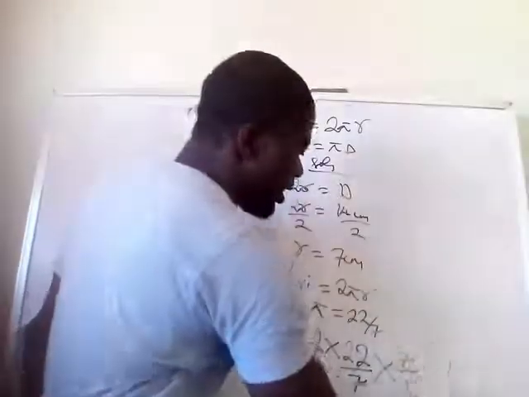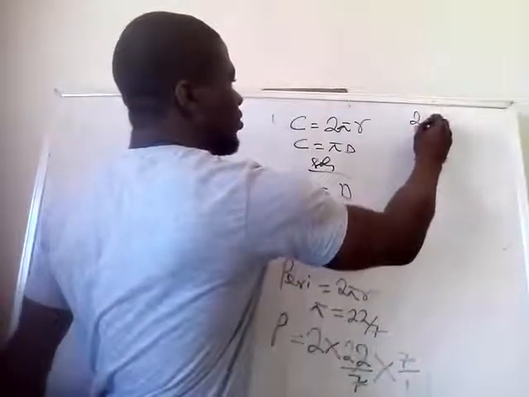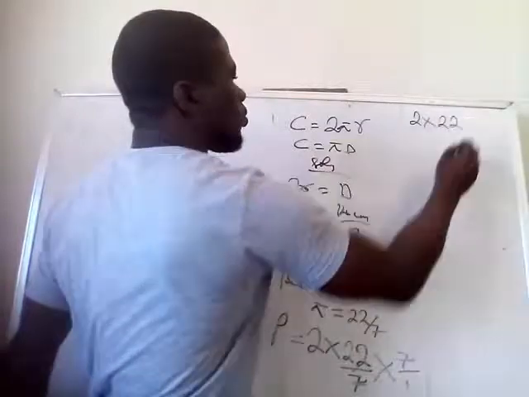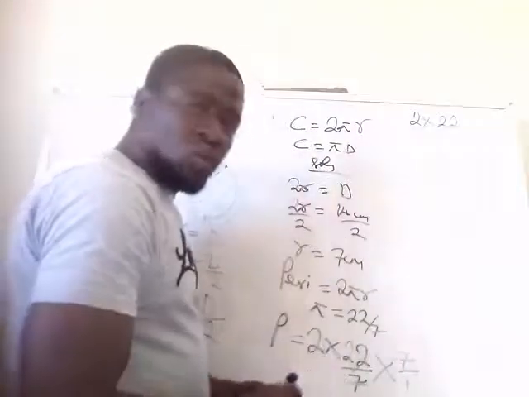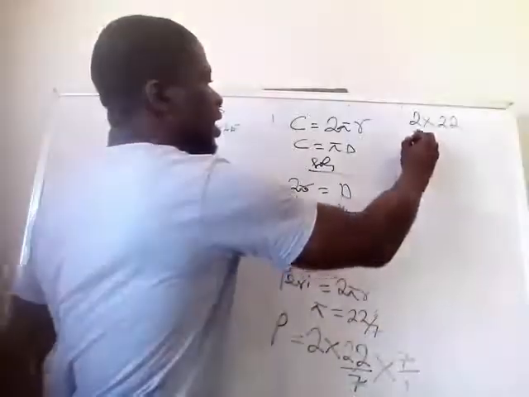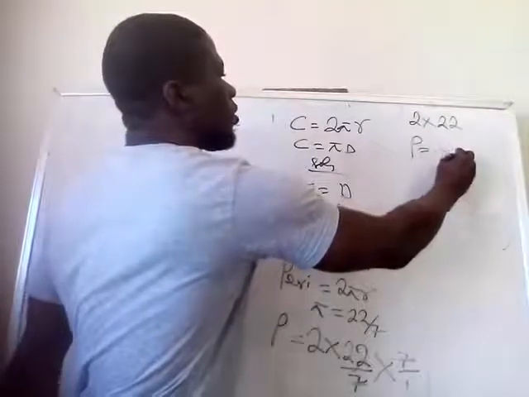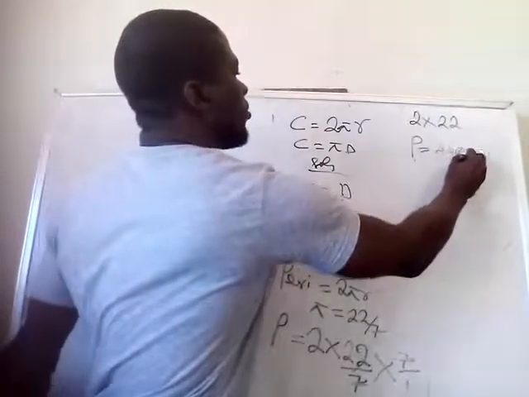let me draw a line. We'll be left with 2 times 22. 2 times 22 is 44. So our perimeter will give us 44 cm.